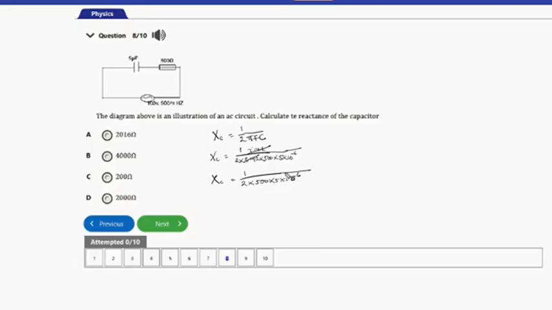So guys, we can take this 10 to the power of negative 6 up and it becomes positive. So in that case, we'll have the capacitive reactance XC in here to be equal to 10 to the power of 6 over 2 times 500 times 5. So guys, that's 200 ohms here, and that's option C.